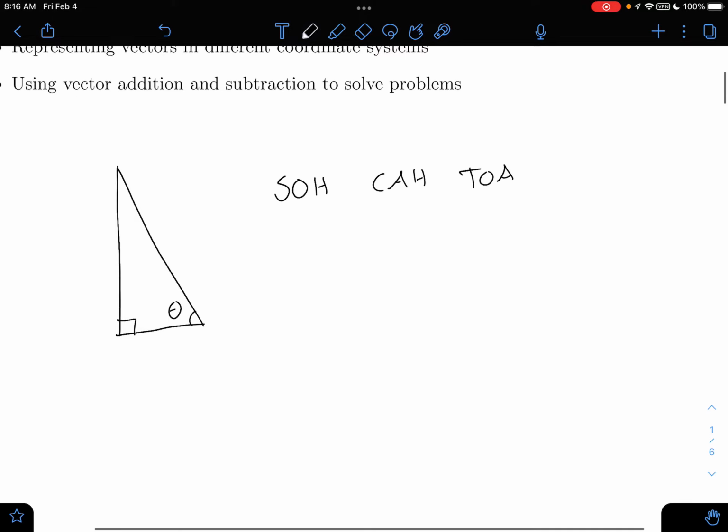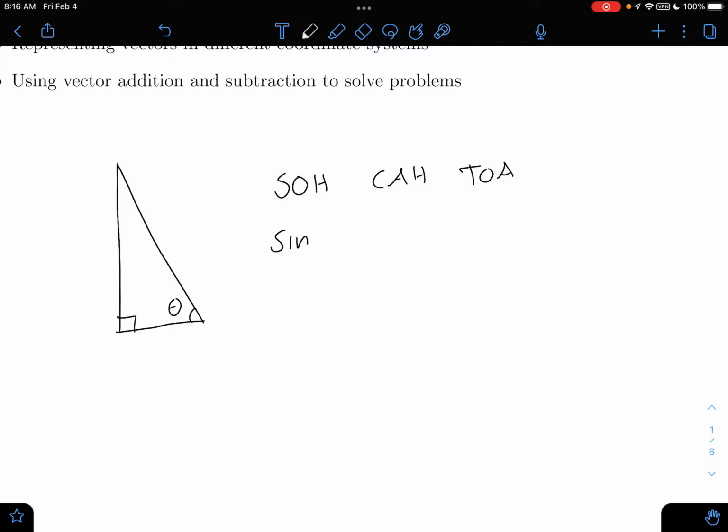The sine of that theta is going to be equal to our opposite side over our hypotenuse. And cosine theta is our adjacent over our hypotenuse.